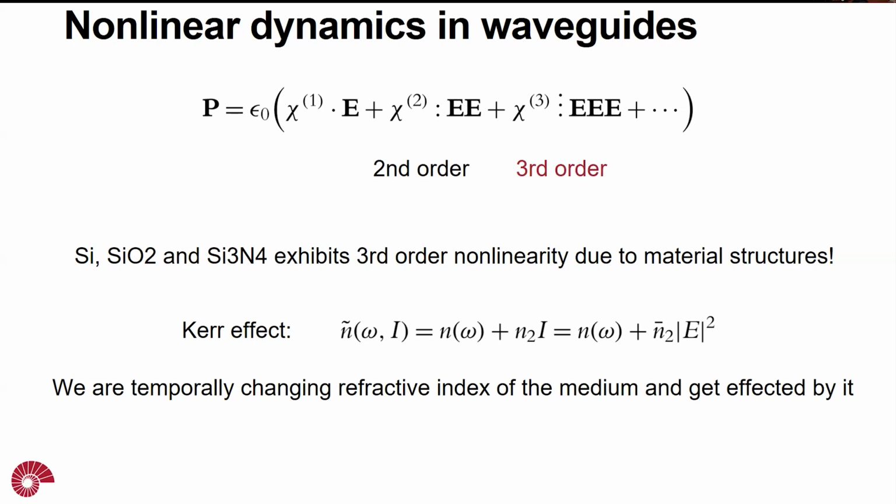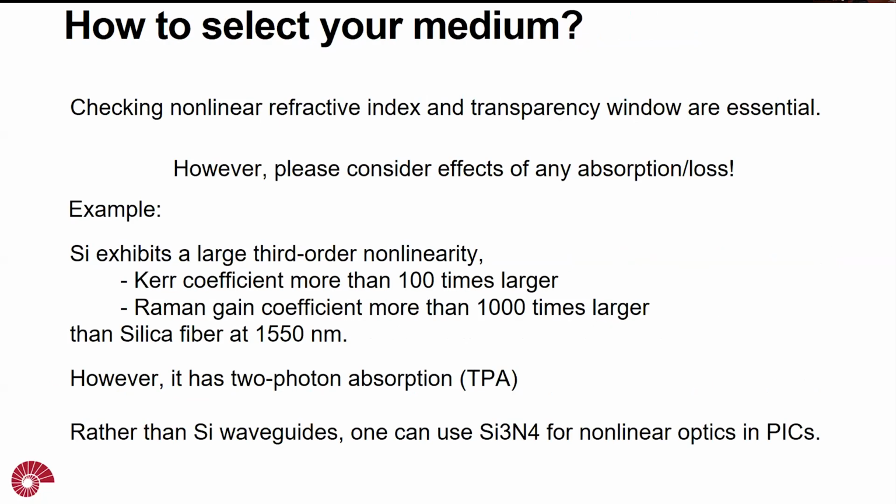And later, because of this change, which we created, we get affected by it. Okay? The light we send first will change the refractive index, and because of that, it will get affected and it will generate new frequencies. Okay? This is the essence of the Kerr nonlinearity. This is the essence of actually nonlinear optics in these materials.